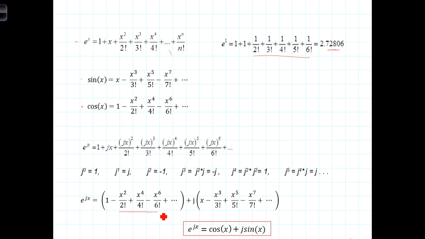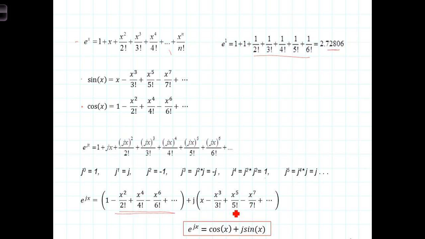If we combine the real terms, we're left with 1 minus x squared over 2 factorial plus x to the fourth over 4 factorial minus x to the sixth over 6 factorial. The signs are alternating, even powers of x. Here we have j, factoring the j out of all these terms, we're left with j times x to the first power minus x cubed over 3 factorial plus x to the fifth over 5 factorial, and so on.